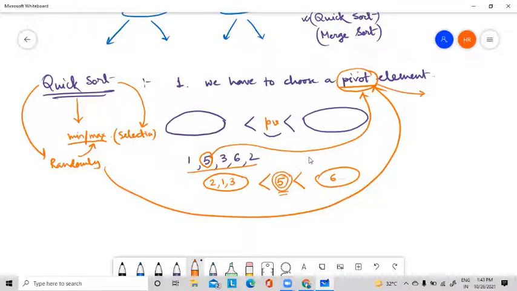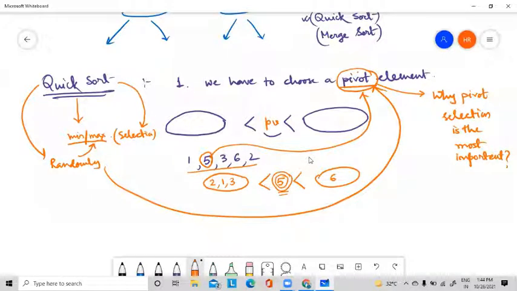Remember this. So why is pivot selection the most important thing in quick sort?